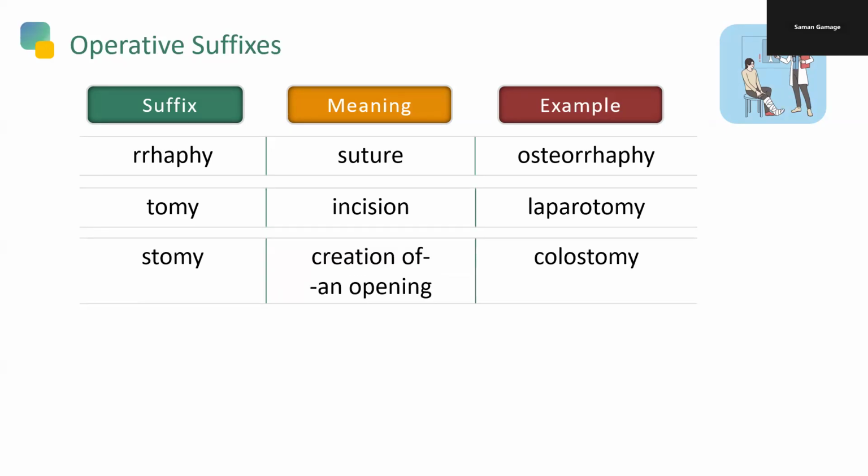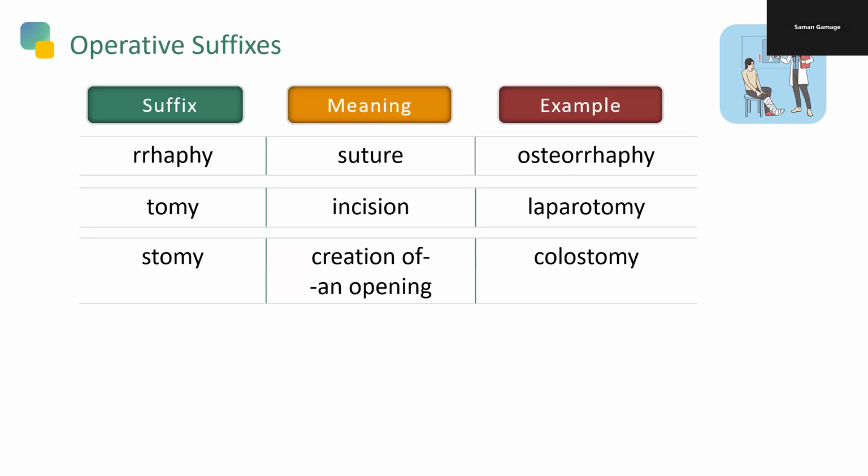Stomy means creation of an opening. So please note the difference. Tomy is just an incision, but stomy is creation of an opening. Colostomy means creation of an opening in the colon. Right?